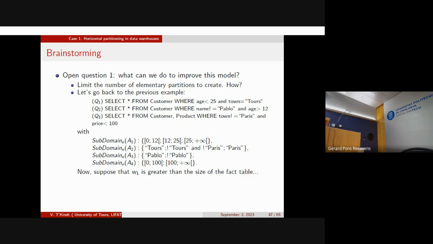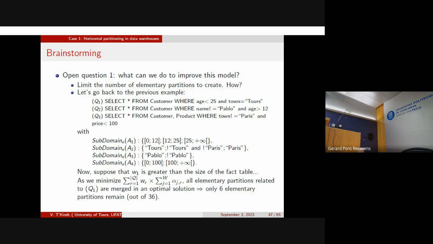What can I do? Well, if I think about, for instance, the weight of query one being really high, superior to the size of the fact table, then what you can prove is that in an optimal solution, all the elementary partitions related to Q1 will be gathered in the same table, because then you'll only read the necessary rows, and so you'll minimize the objective function.